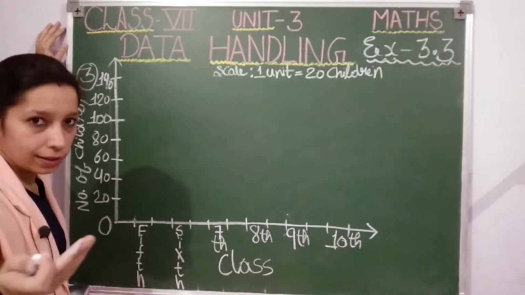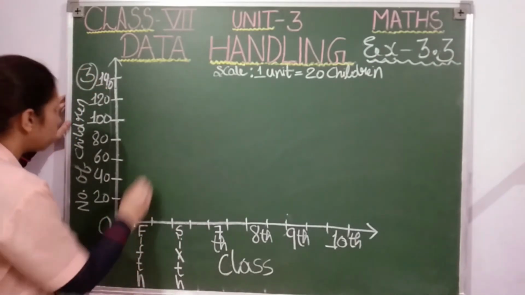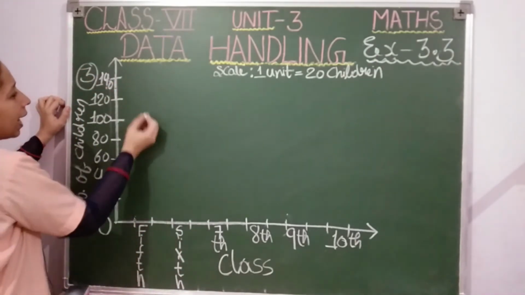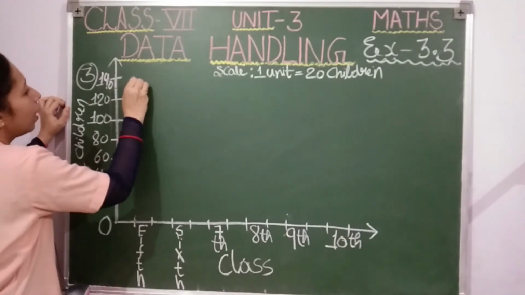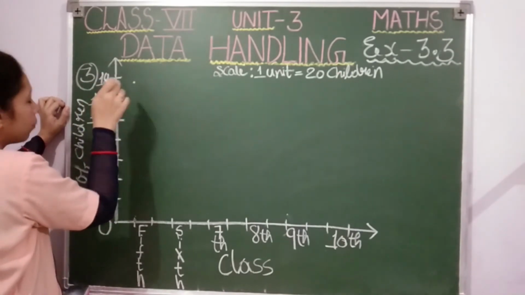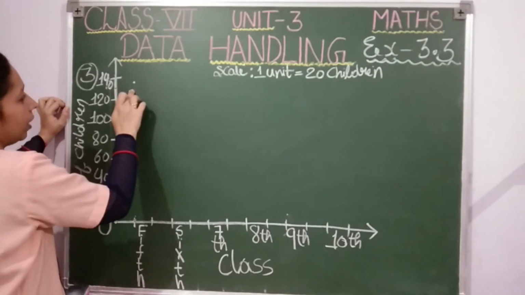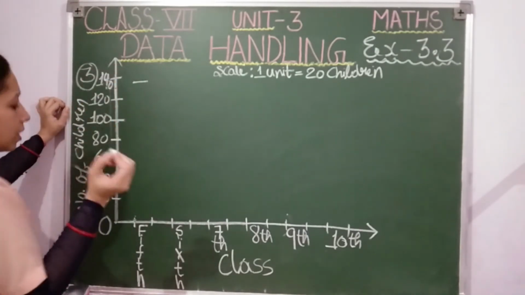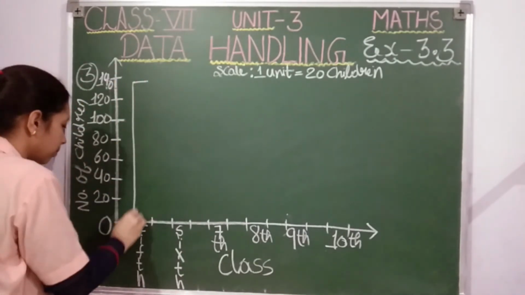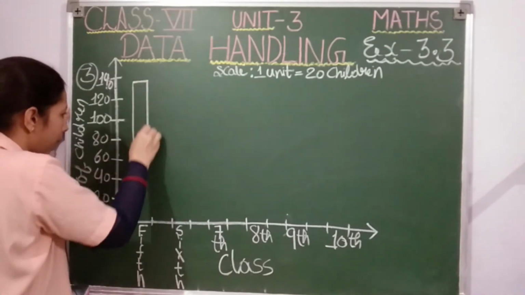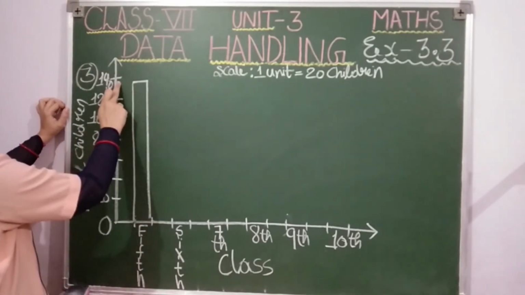But I want to show 135. So what I'll do is, I'll come in between and go a little bit above the midpoint. Okay, here I'll take it as 135. Now join. So my bar is showing 135 students.